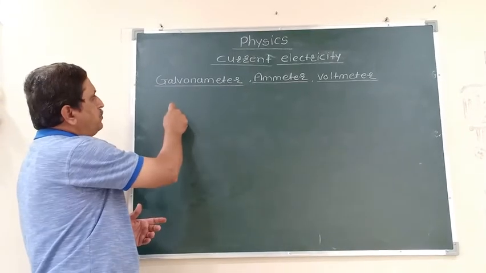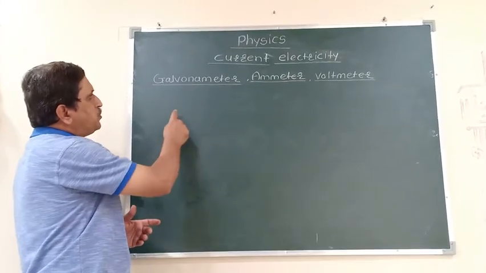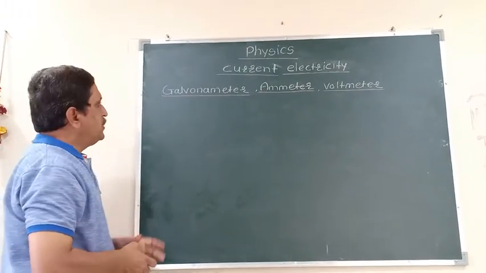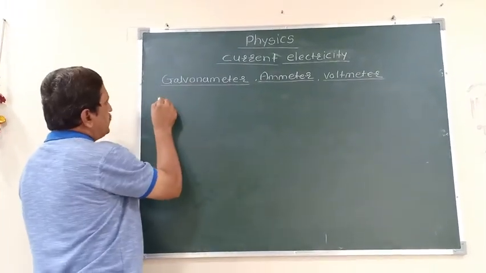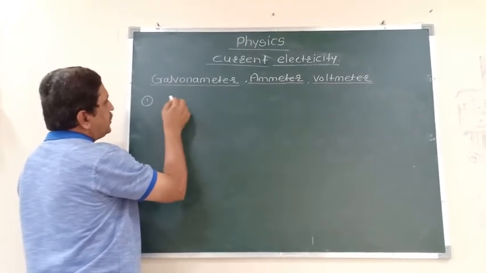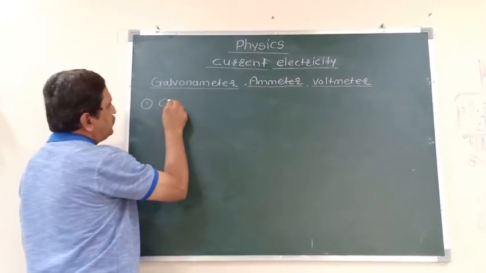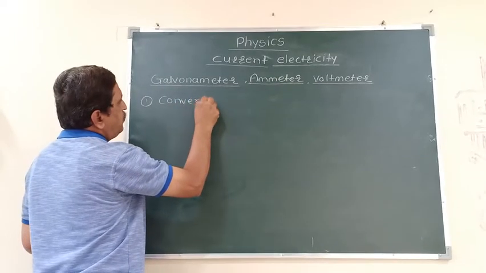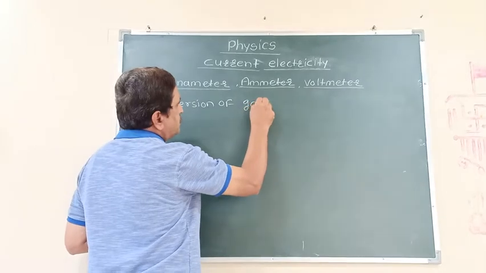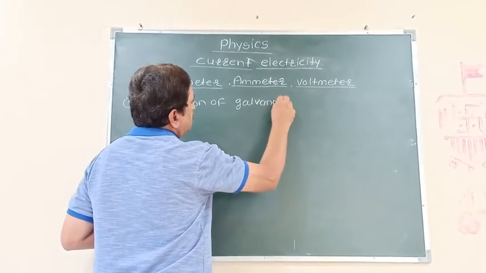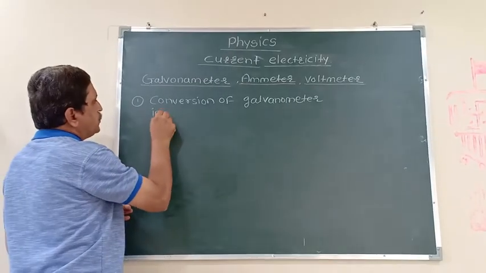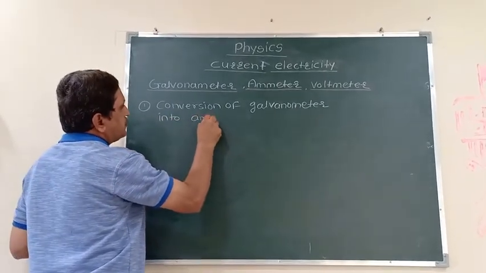Now, for what purpose or why we should convert galvanometer into ammeter? That is the most important factor for us. First we will draw a circuit diagram for the conversion of galvanometer into ammeter.